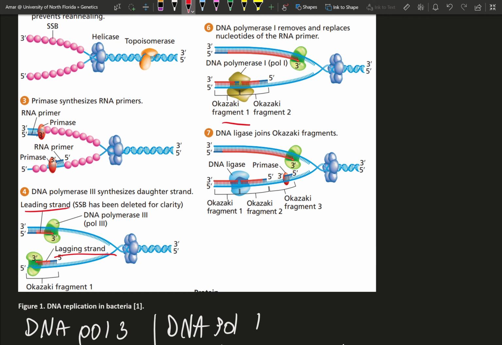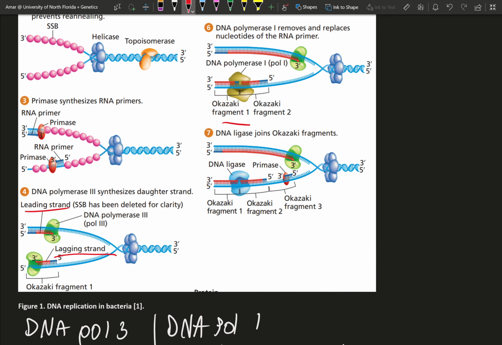A lot of people struggle on this problem because they pretty much state all the things that you need to state, but they don't necessarily write the way you're supposed to be writing it. They state that the lagging strand is synthesized discontinuously, whereas the leading strand is being synthesized continuously, which is correct, right? But they're not including the information that you need to include in order for it to be understandable for an exam.